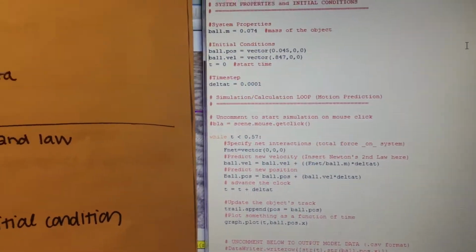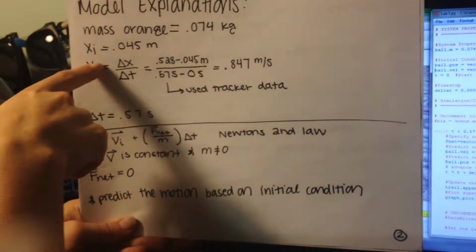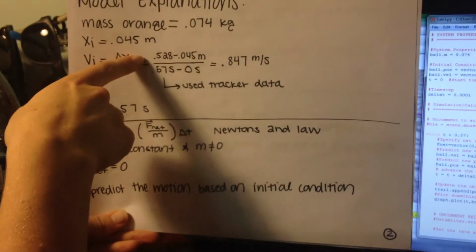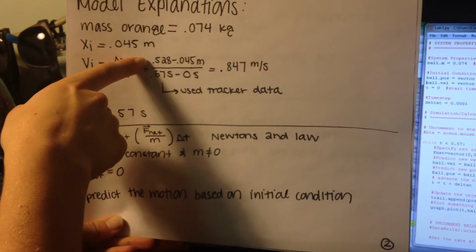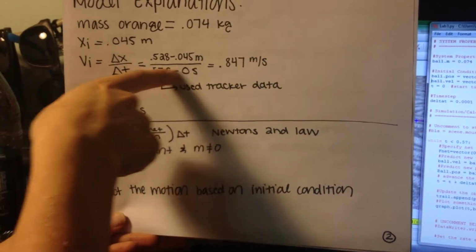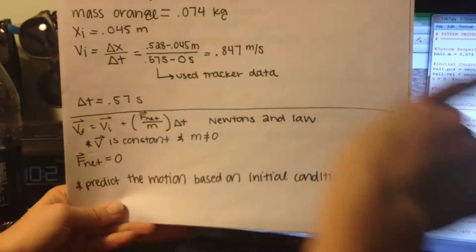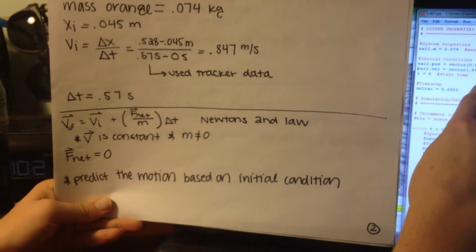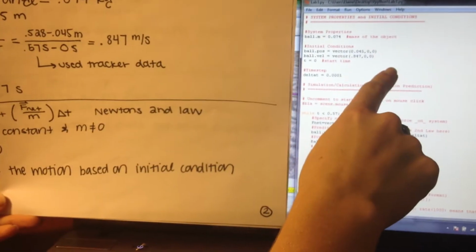Additionally, I found the velocity, which is delta x over delta t, using my data in Tracker: my total distance traveled over the time it took, 0.847 meters per second, which was then put in the velocity vector.